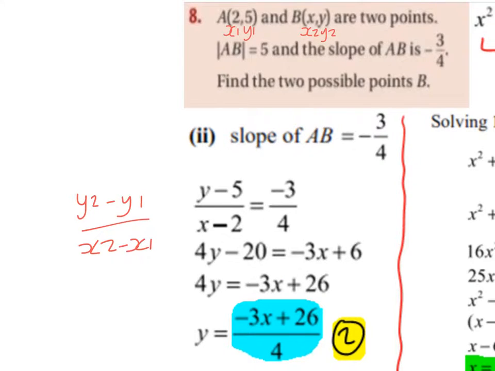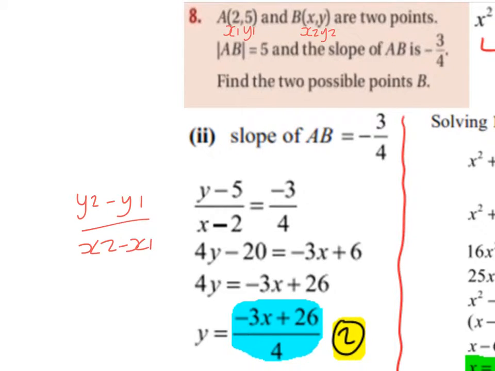The slope formula is (y2 minus y1) divided by (x2 minus x1). So we end up with (y minus 5) divided by (x minus 2), and this is all equal to minus 3/4, because we were told in the question that the slope of AB is minus 3/4.